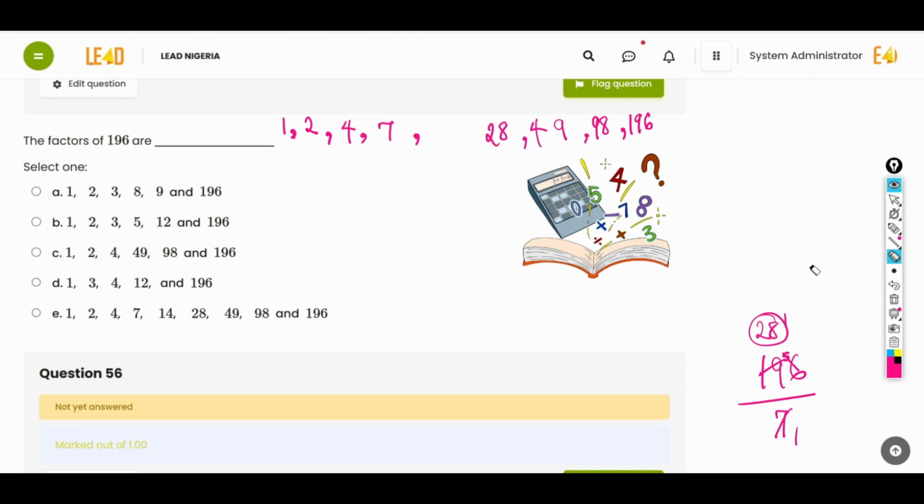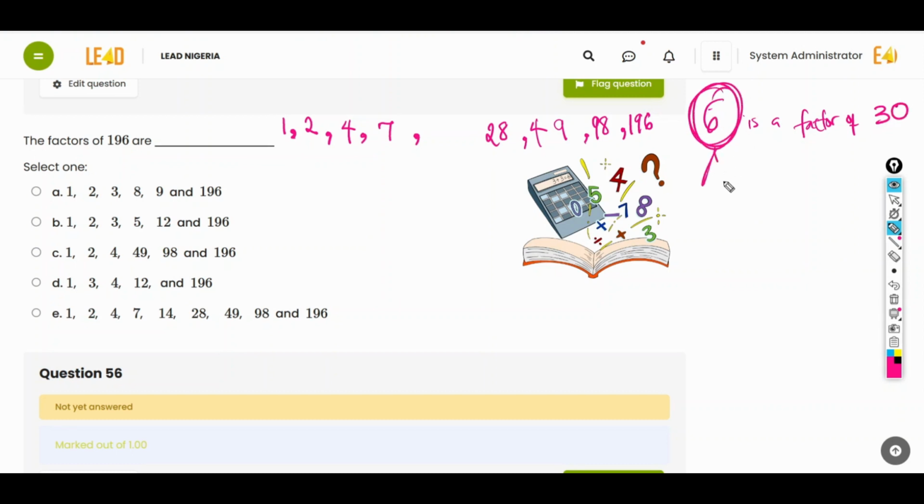Okay, and then just by now considering, so the thing is that every factor of a factor would also be a factor. So let's say I have 30. 6 is a factor of 30, right? Since 6 is a factor of 30, every factor of 6, 2 and 3, automatically must also be a factor of 30.